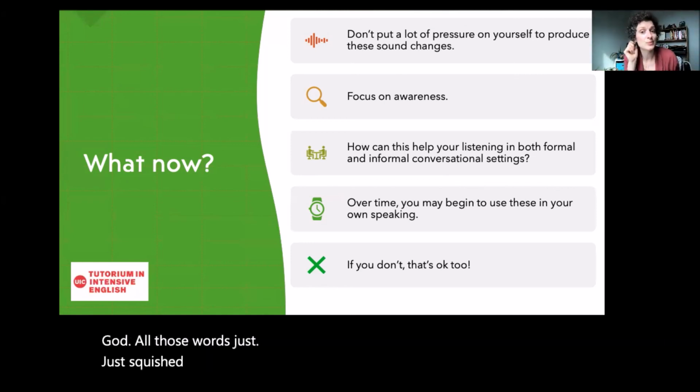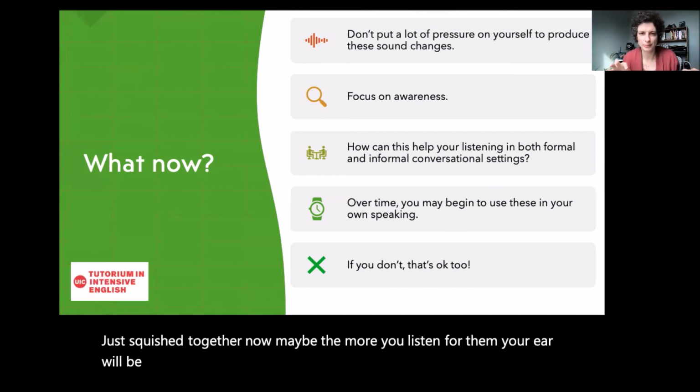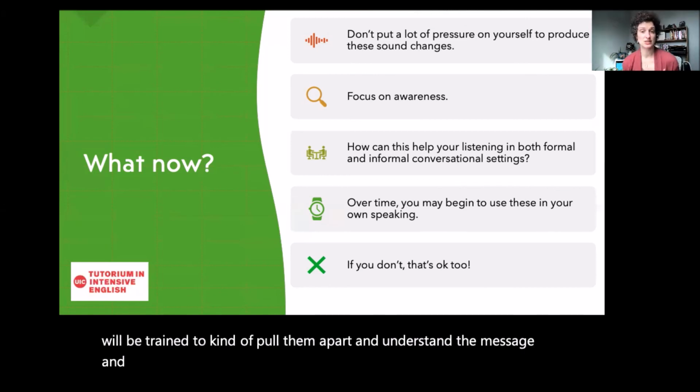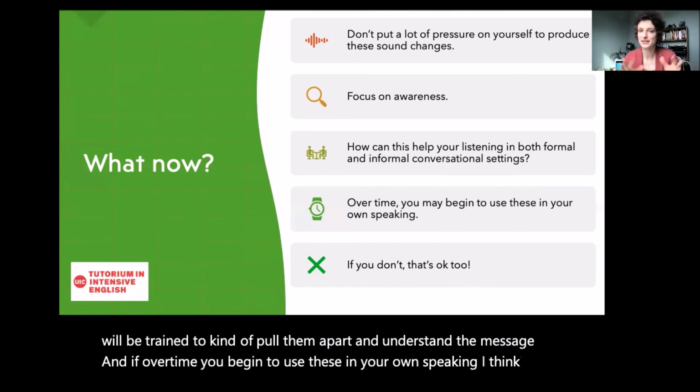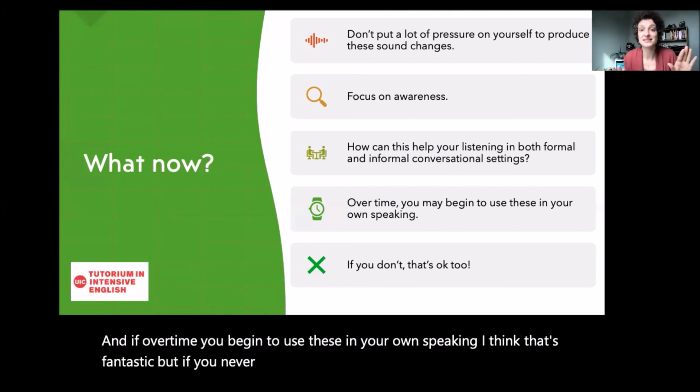Now, maybe the more you listen for them, your ear will be trained to pull them apart and understand the message. And if over time you begin to use these in your own speaking, I think that's fantastic. But if you never do, that is completely okay, because you don't need them to be a clear speaker.